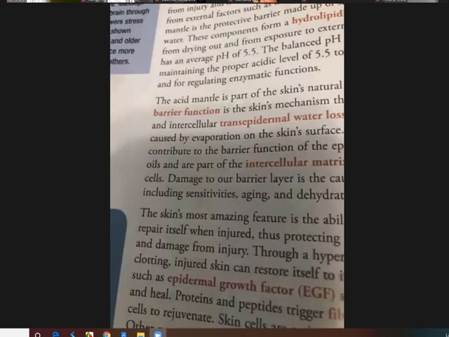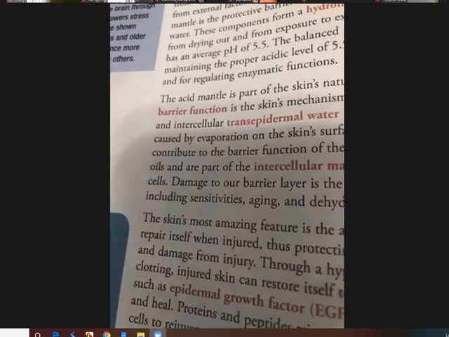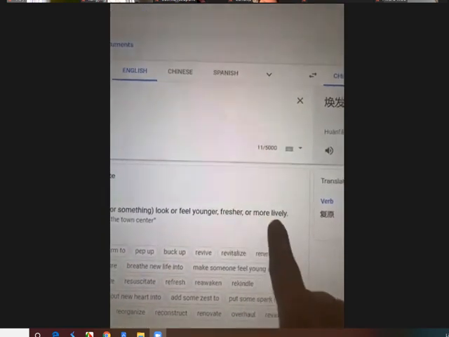The word rejuvenate means to grow again. Okay, rejuvenate. Means like to make you look or feel younger, fresh, and more lively.